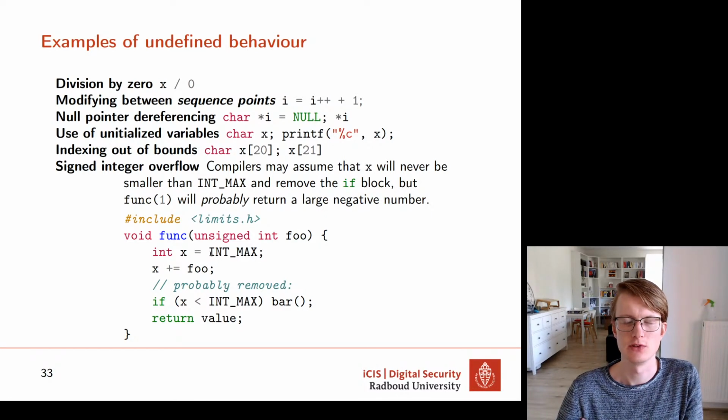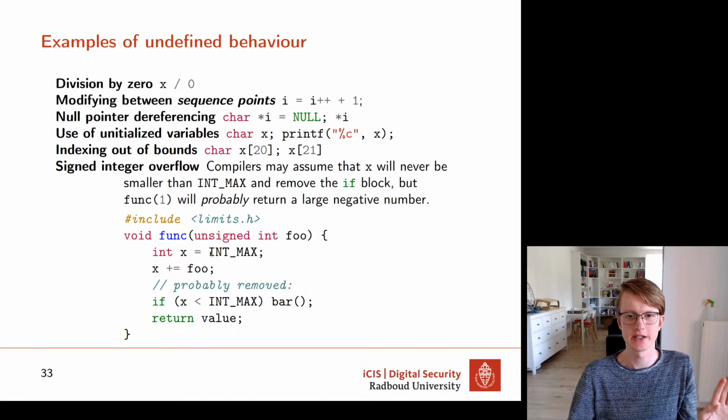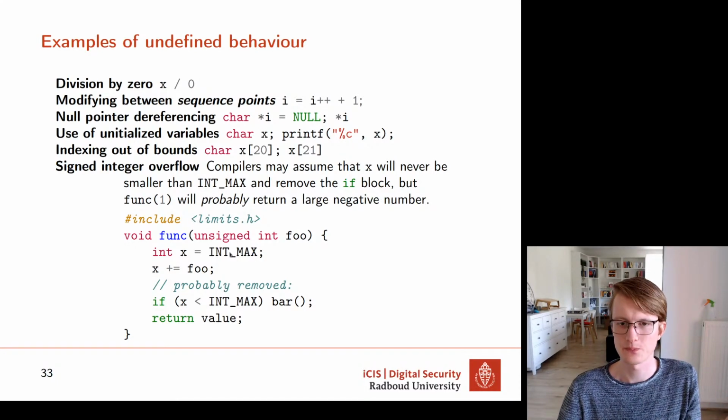If you ignore all the details about integer sizes, the compiler will remove this line, because it sees x is int max plus something, and something is an unsigned number, so it has to be positive, so it's always going to be larger than int max, and it removes that line.